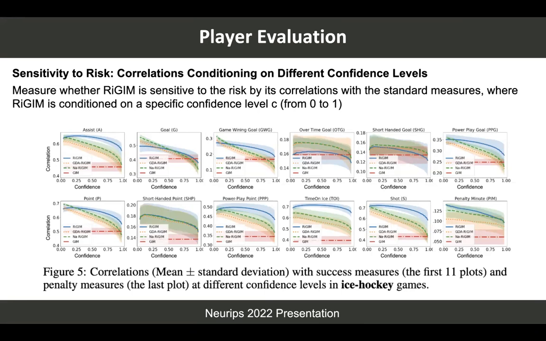And when we gradually increase the confidence level, it becomes more risk averse, then the correlation begins to decrease. These are some experiments to show our player evaluation metric can somehow capture the risk sensitivity.